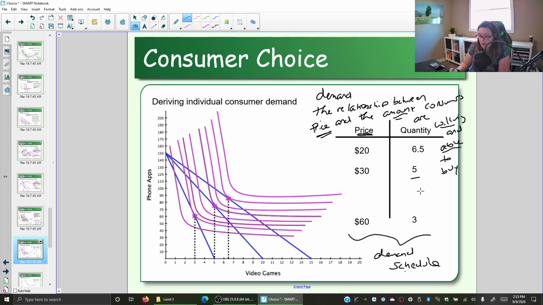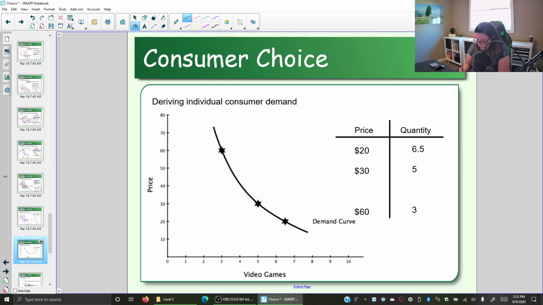But if we graph this relationship between price and quantity, so we're going to put video game quantity on the horizontal axis, and we're going to put price on the vertical axis. This is the demand curve.